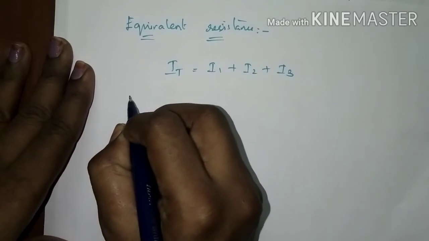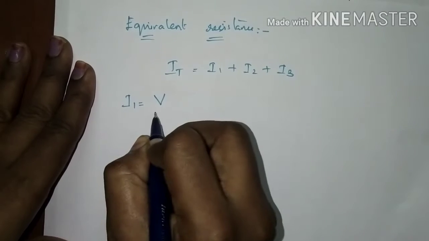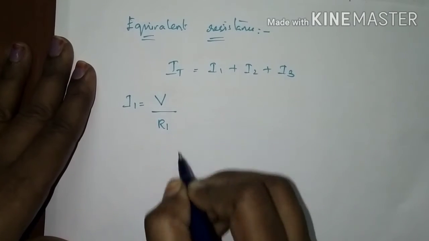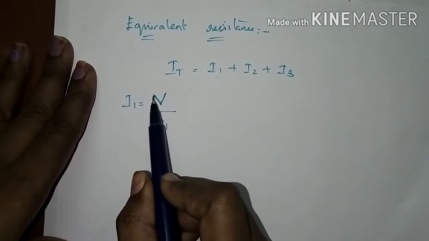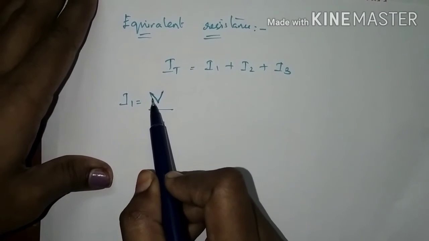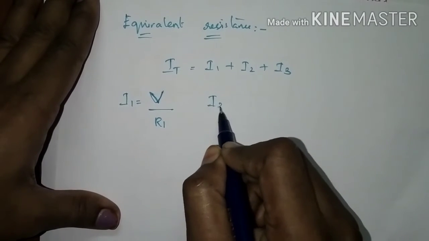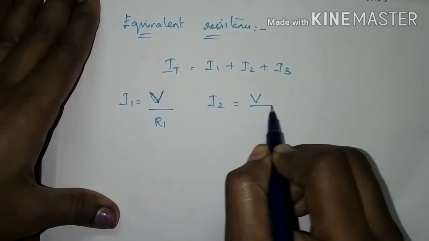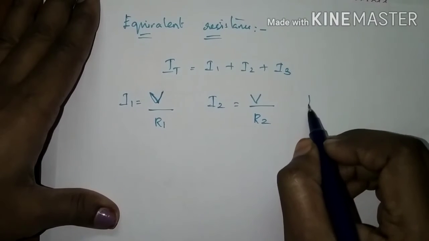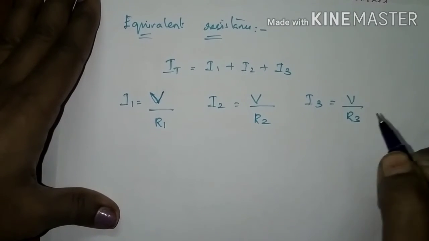According to Ohm's law, I1 can be given by voltage divided by R1. We have said already that each resistance will have the same voltage drop. I am representing the drop voltage as V, so V divided by R1. The current through R2 would be V divided by R2, and the current through R3 would be V divided by R3.